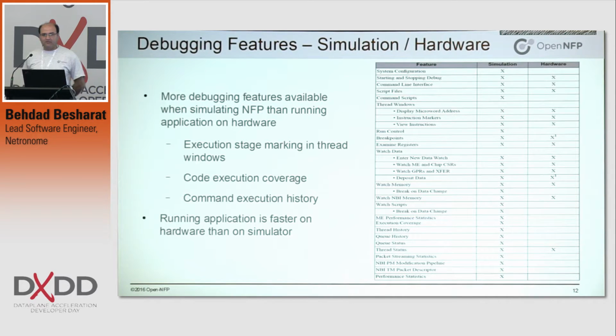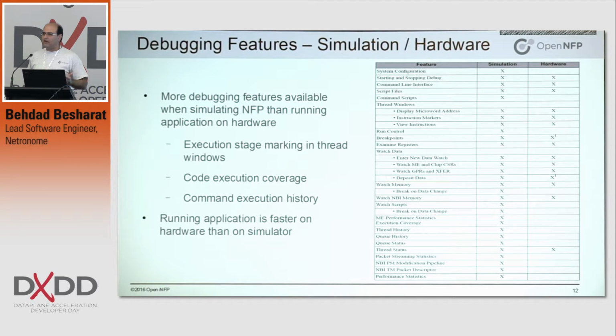Also, it comes with the command execution history of your application. As you run your application, it issues a lot of commands that go through the bus and reach the target, for example queries for reading or writing memory, or I/O queries. These are commands that travel on the bus.